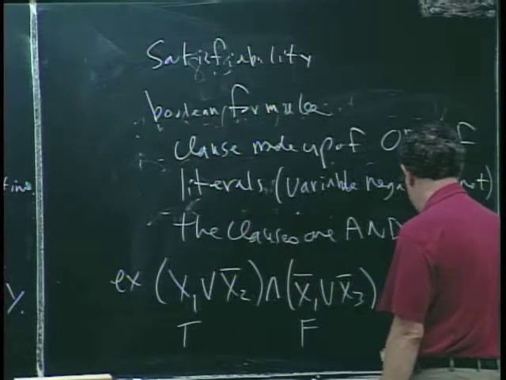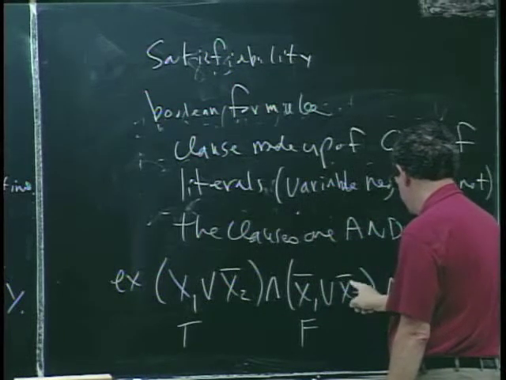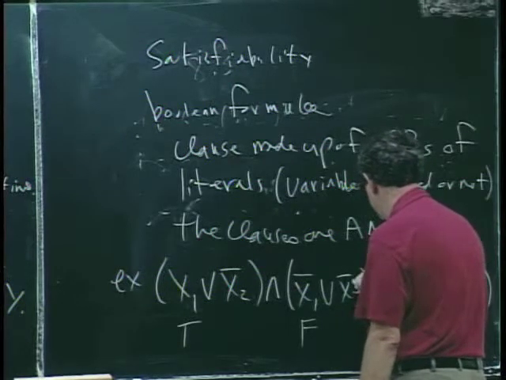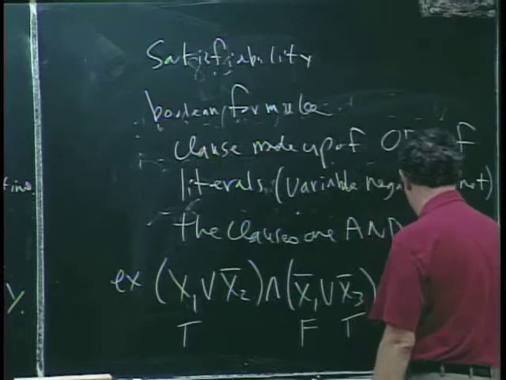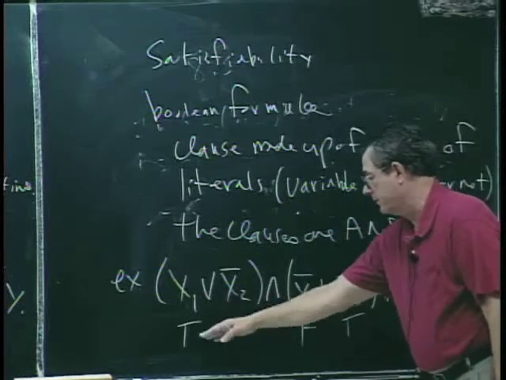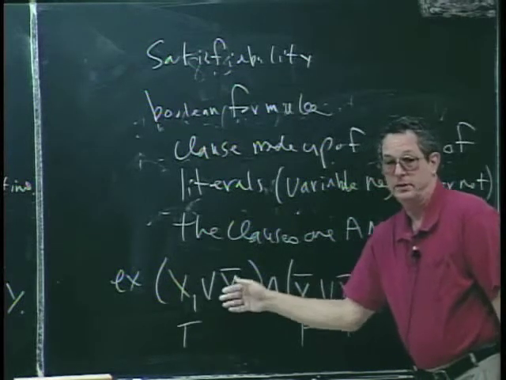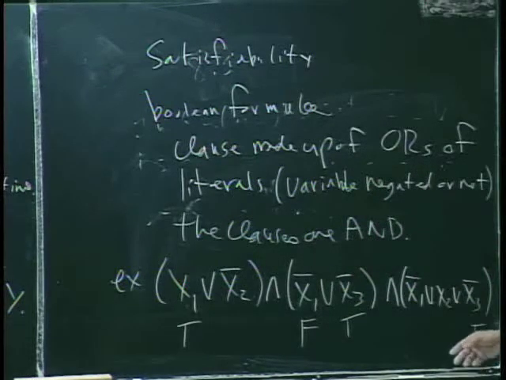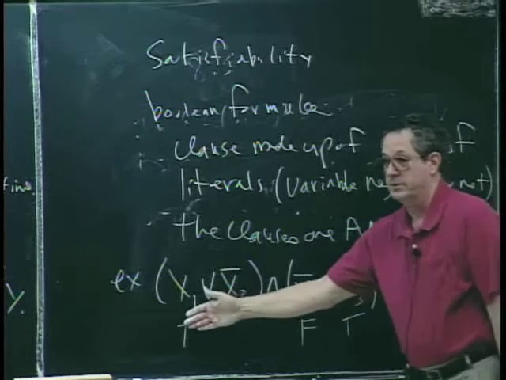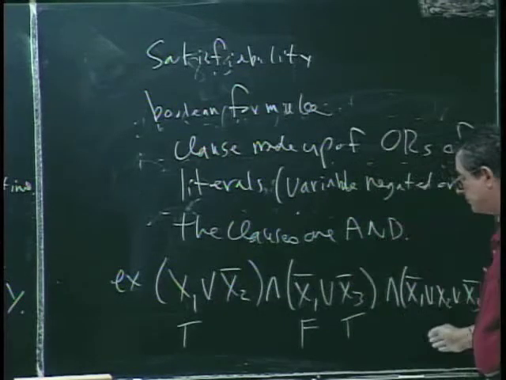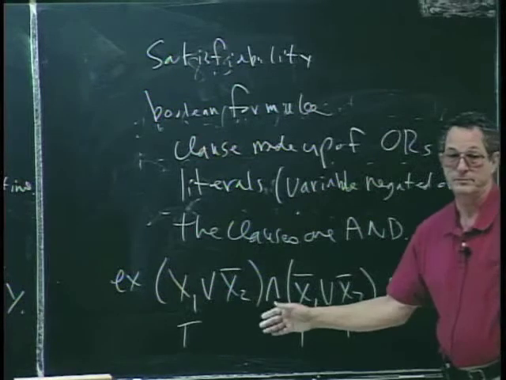If I make x3 false, that makes x3 bar true. And here's another x3 bar, that becomes true. And this is an or in here, so all you need is one true to make that clause true. These are ands. You need each one of these clauses to be true. So this is true, and this is true. And so we see here a way of making this Boolean formula true.